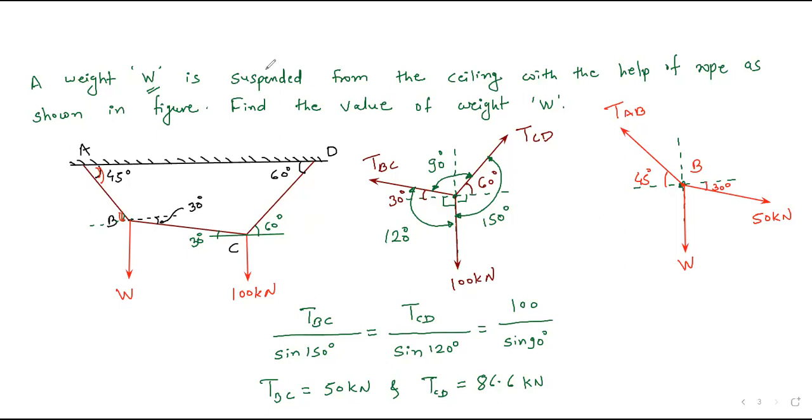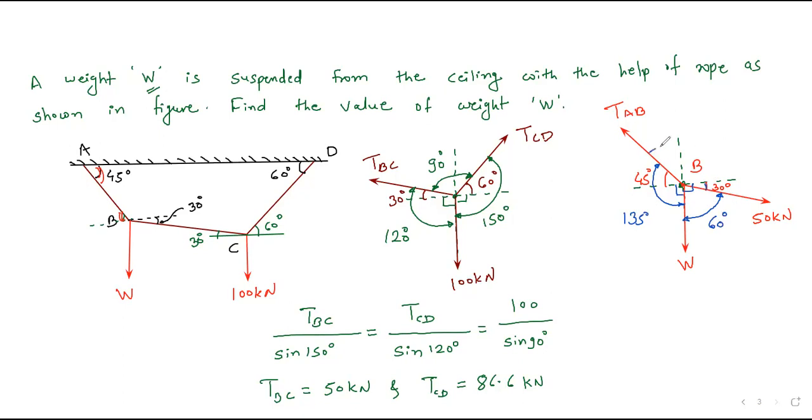If I start to find the angle between the forces, see the angle between these two forces first. This total angle will be, if this angle is 90 degrees, so 90 plus 45, it is 135 degree. Then the angle between these two forces, how much is it? If this total angle from horizontal is 90 degree and this angle is 30 degree, the remaining will be 60 degree.